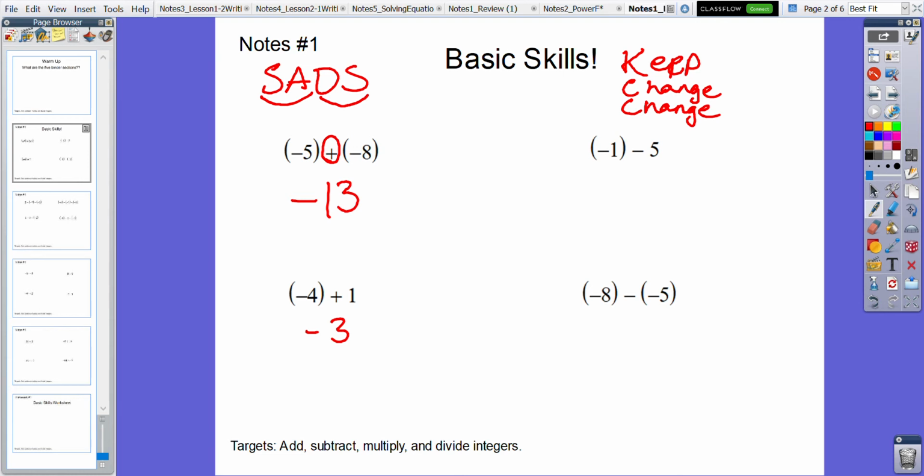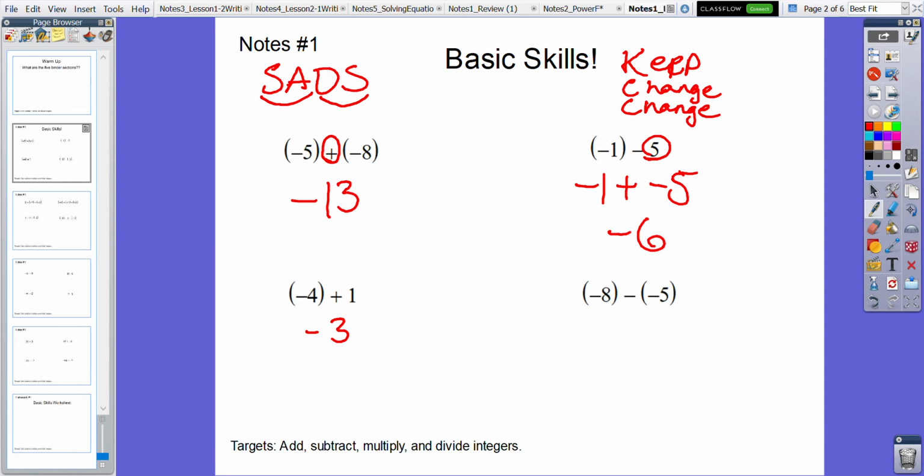So we're going to keep the -1 for -1 minus 5. We're going to keep this, so -1. We're going to change our subtraction to a positive, and we're going to change the sign on the 5 here to negative. Now this makes this a whole lot easier to look at because now they have the same sign and we're adding. So -1 plus -5 just becomes -6. Okay, so -1 minus 5 is -6.